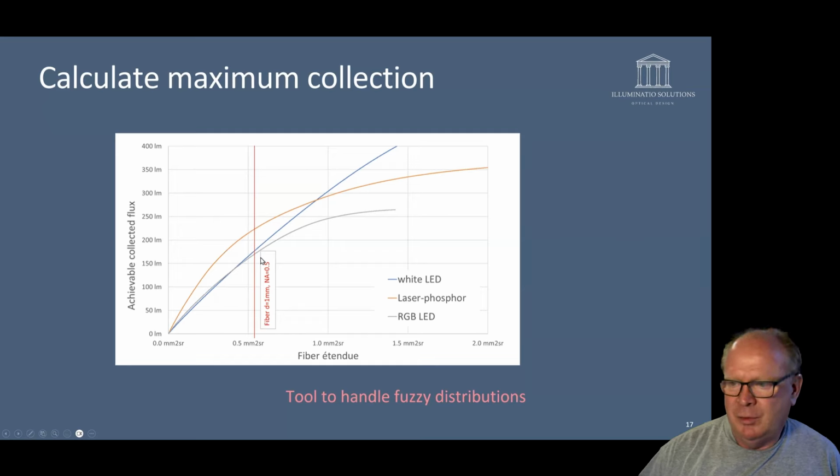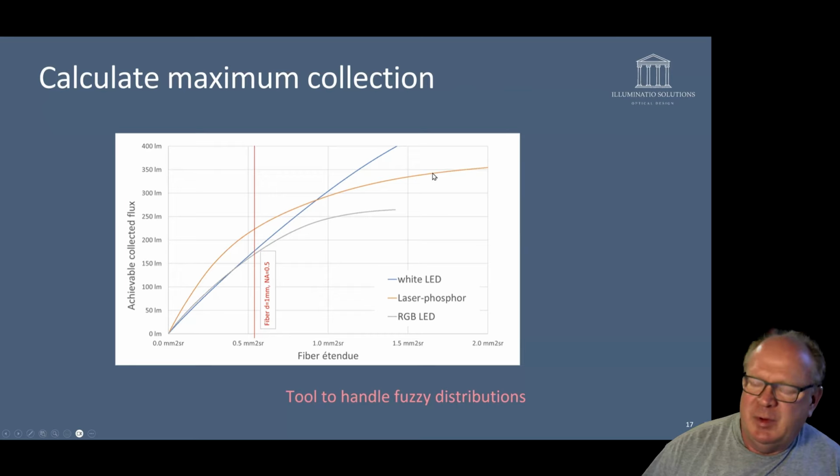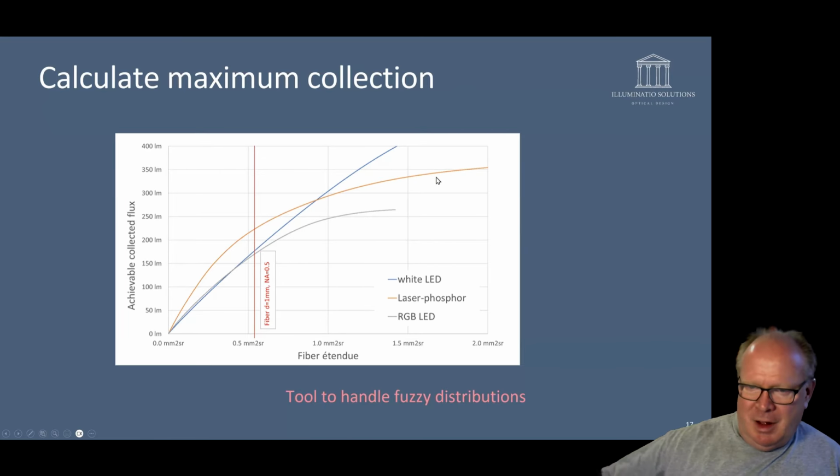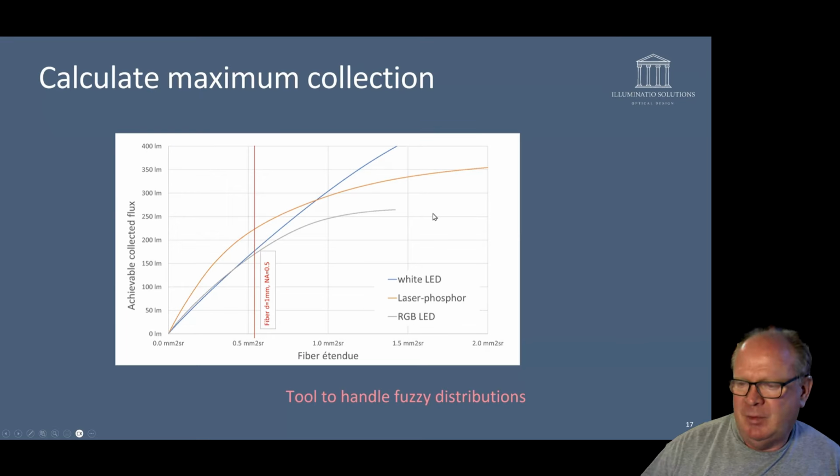So for the same target étendue, you could get maybe 230 lumens. So for the application of a product development, this means for small étendue, the laser phosphor source is better. For large étendue, the LED will be better. And that's an answer the colleagues want to get.